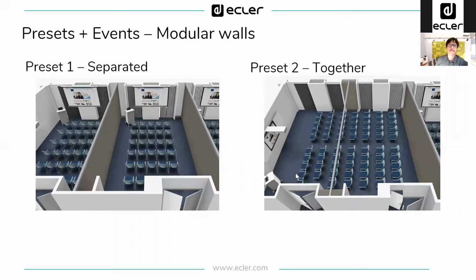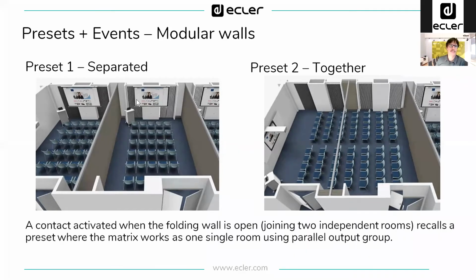In preset 1 we can configure it as separated, and in preset 2 we configure them as together. Then there is a contact, a sensor, which activates whenever the folding wall is open. This contact is connected to the GPIs of the MIMO.